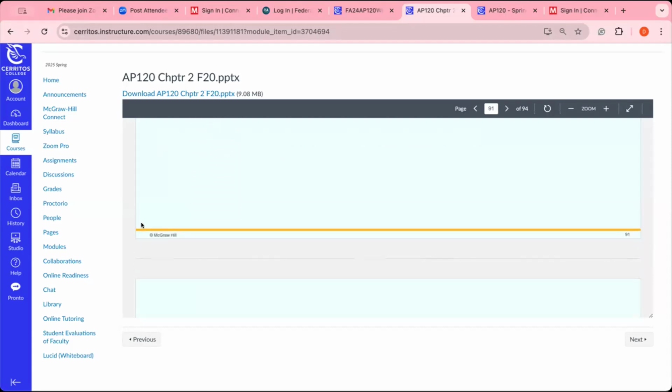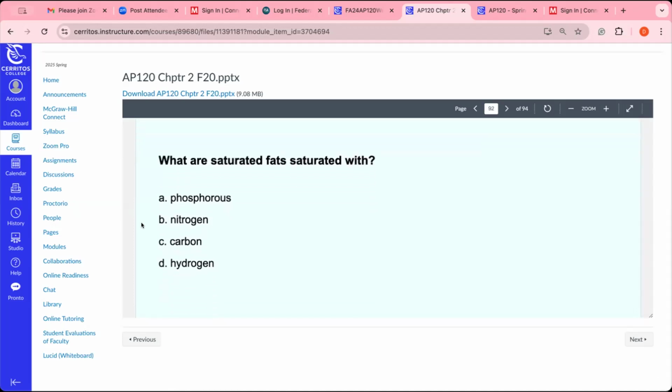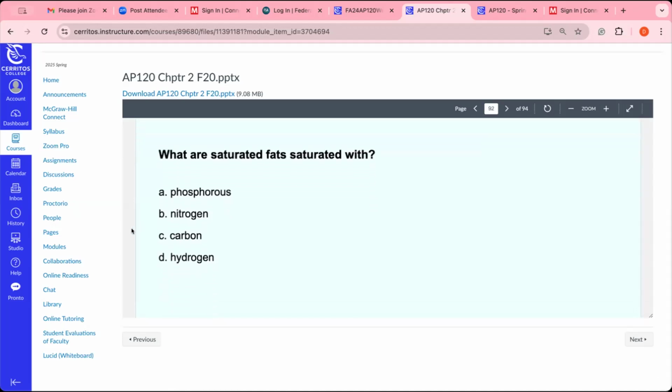More question? What are saturated fats saturated with? In other words, what makes them saturated? Phosphorus, nitrogen, carbon, or hydrogen? So she's asking you what makes saturated fats saturated.